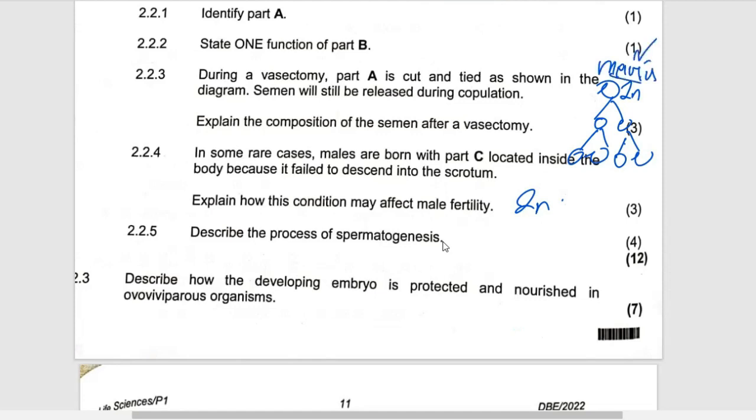So testosterone is a tick, meiosis is a tick, and then where is it located? In the seminiferous tube is another tick. So those are 3 ticks. And then to form the haploid, 1N, haploid sperm cells is also a tick.